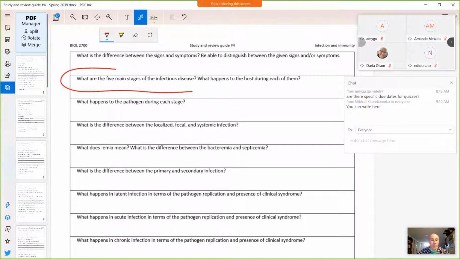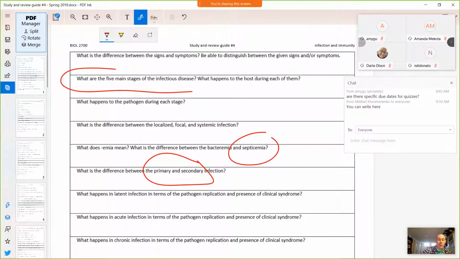Bacteremia, fungemia, viremia, septicemia. Usually it refers to bacteria. Not just bacteria in the blood, but bacteria actively replicating in the blood. Primary, secondary. You have a first infection, and then due to the first infection and decreased immunity, a second infection.